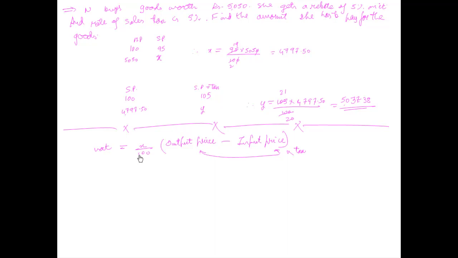The question says, R buys a table for rupees 12,000 and sells it for rupees 15,000, VAT being 10%.